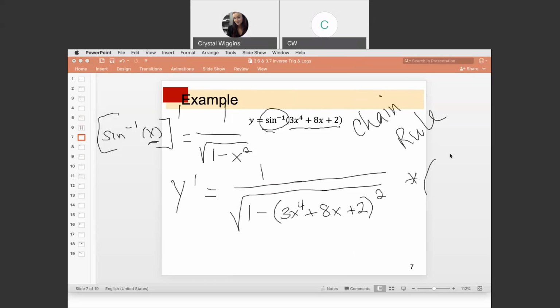So we have 4 times 3, which gives us 12. Come back up and subtract 1 on the exponent. If we look at 8x, the derivative is just the coefficient 8, and the derivative of the constant 2 is 0.